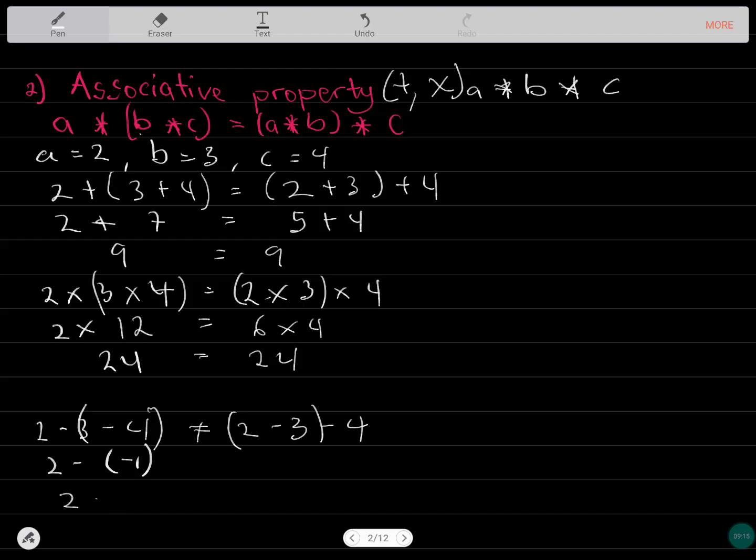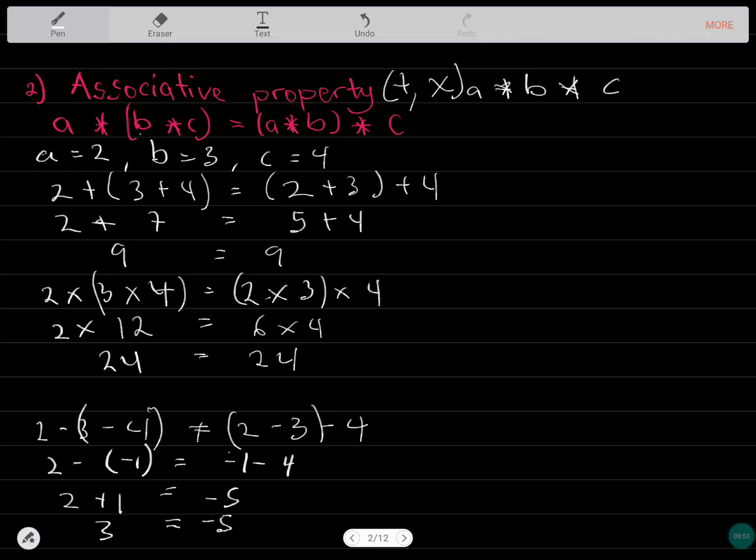So 2 minus minus 1 would give us plus 1. And that is 3. On the right hand side, 2 minus 3 would give us minus 1 plus 4. That will give us minus 1 minus 4. Minus 1 minus 4 would be minus 5, and we can see that it is not the same.